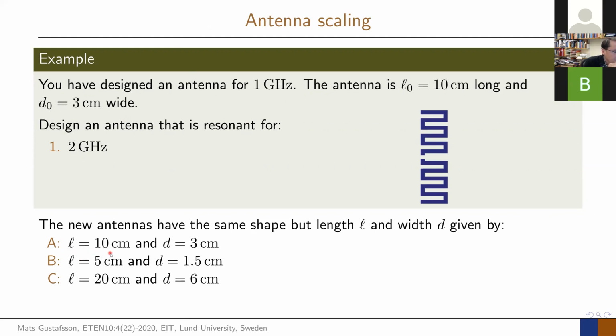Either you should make it the same dimensions, or 5 centimeters, or 20 centimeters. A, should it be the same dimensions? B, should the length be 5 centimeters and the width 1.5, or should it be 20 centimeters and the width 6 centimeters? What do you say?